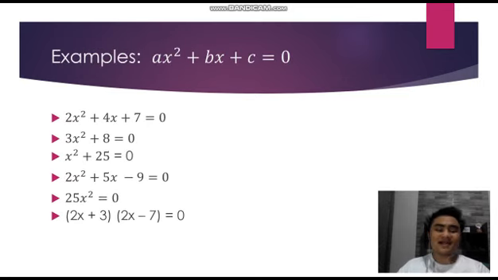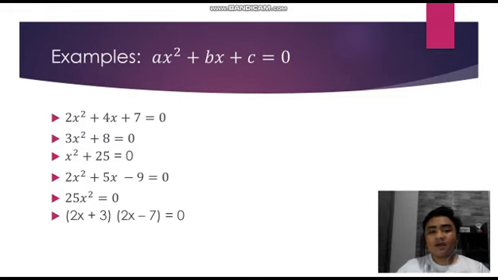So what are some examples of quadratic equations? First, 2x squared plus 4x plus 7 equals 0. We observe that the real numbers a, b, and c are present, and the highest possible exponent is 2. Next, 3x squared plus 8 equals 0.